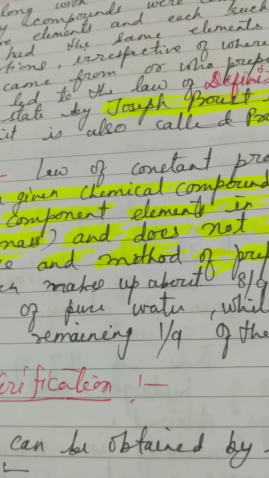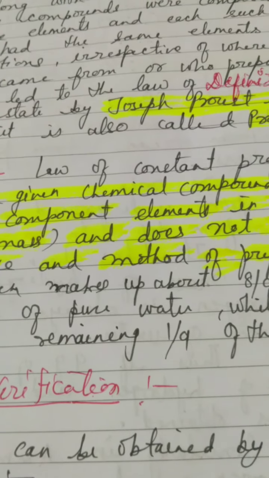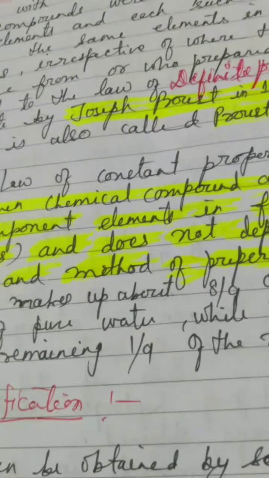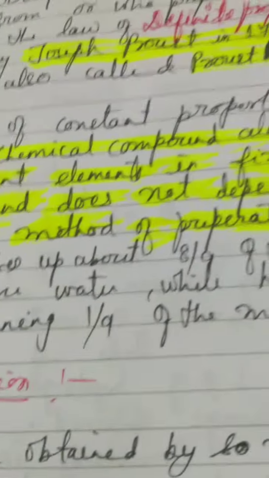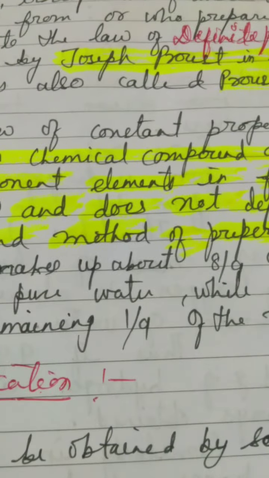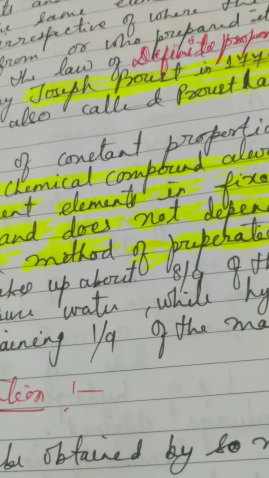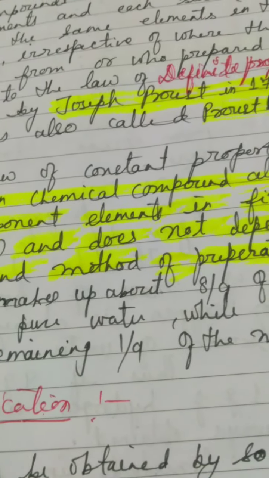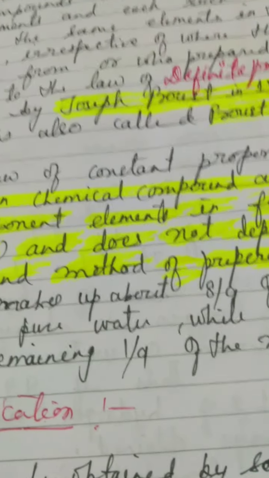Whether you are taking tap water from your kitchen, or you are collecting rainwater from your rooftop, when the water was decomposed, it was found to contain 8/9 of the mass as oxygen and 1/9 of the mass as hydrogen. So finally, what was the ratio? The ratio was 1:8.